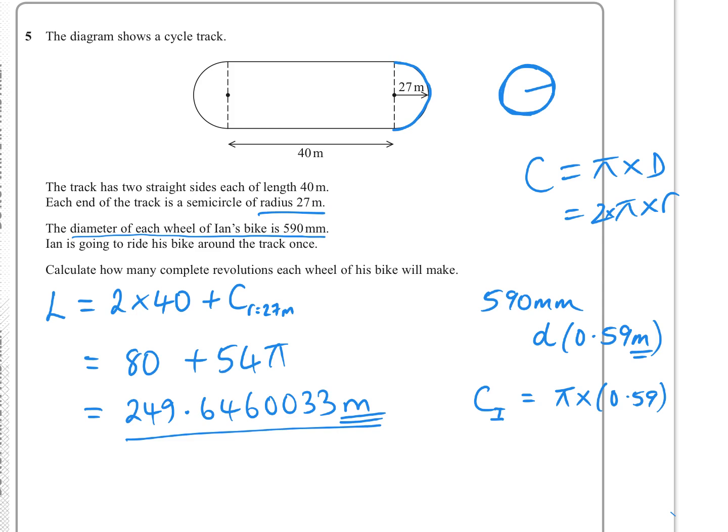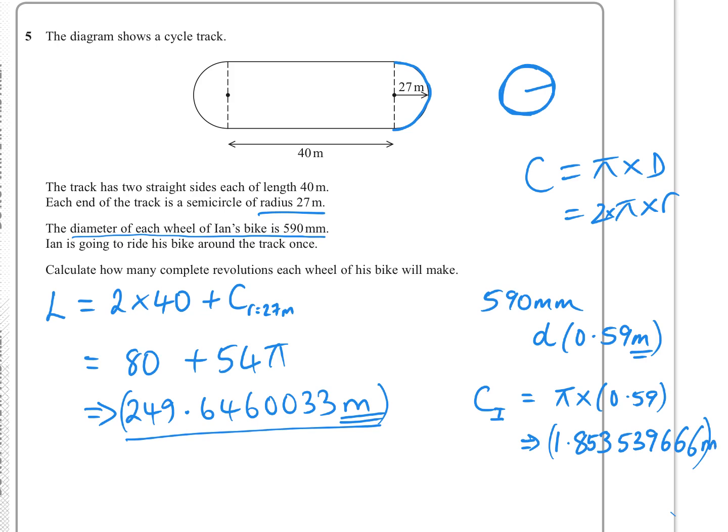So we get as a decimal 1.853539666. I shouldn't really write equals here. I'll just put these in a bracket, because it's an estimate, and that's in metres.